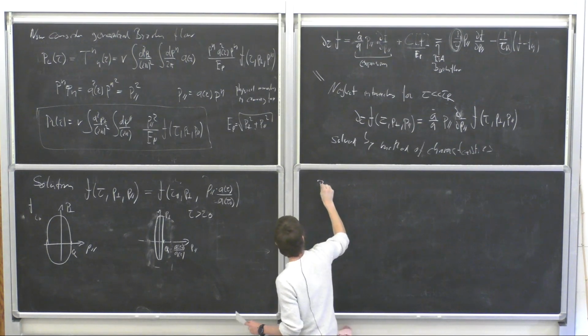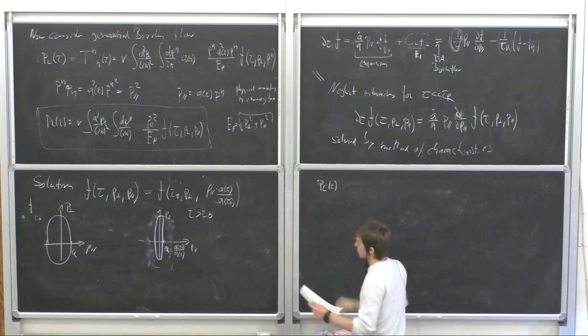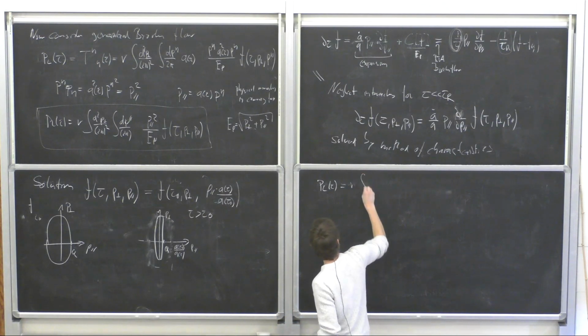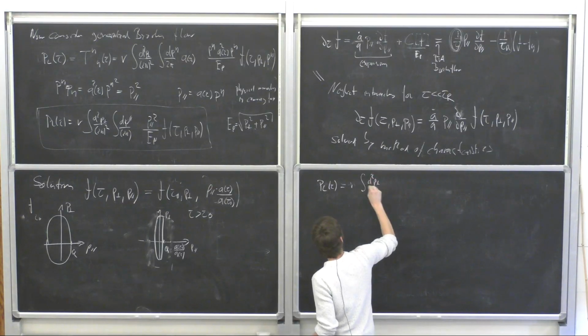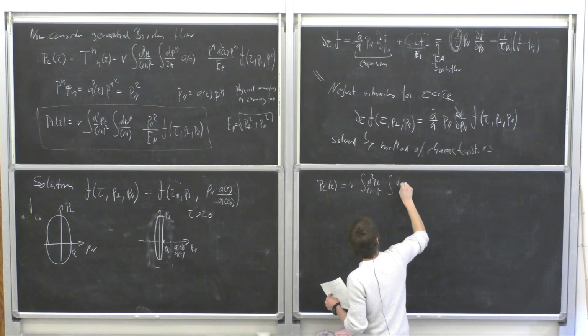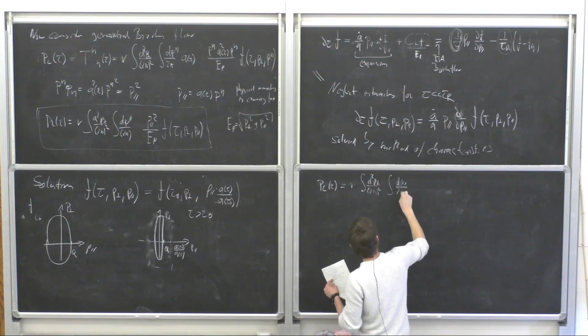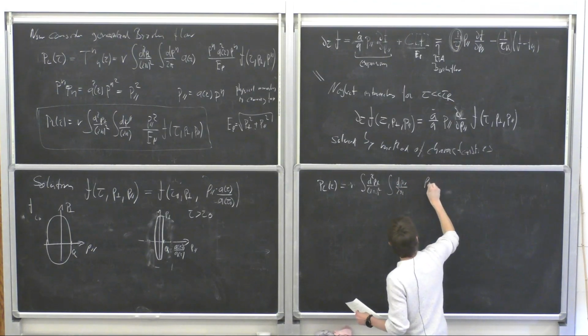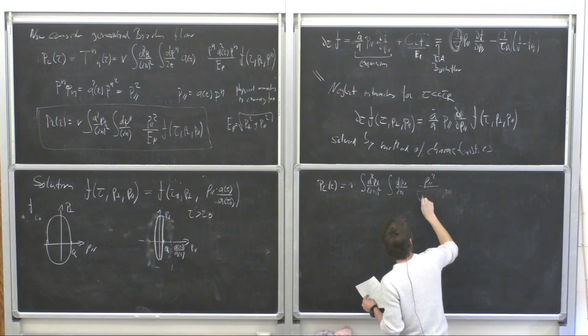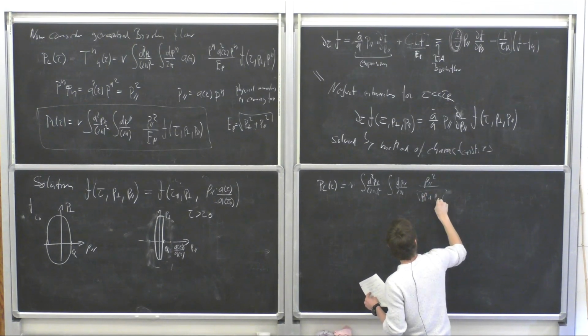So let's have a look. Let's try to stick this solution in. So what do we have to calculate? We have nu, integral d2p perp over 2 pi squared, integral dp longitudinal over 2 pi, p longitudinal squared over the energy, and the energy is now the square root of p perp squared plus p longitudinal squared.